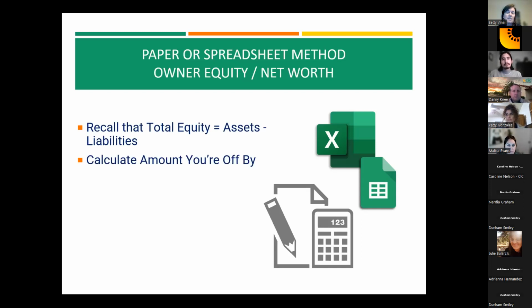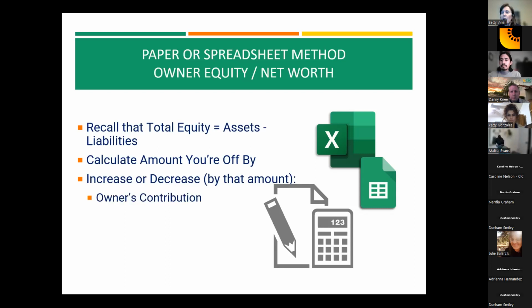One of the things that is really helpful is that if you're the one who's been keeping track of everything in your business, you probably have the best opportunity to understand where the mistake is. So you're either going to have to increase or decrease one side of the balance sheet or the other.